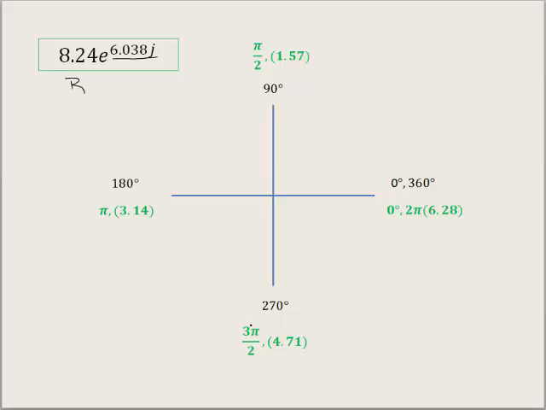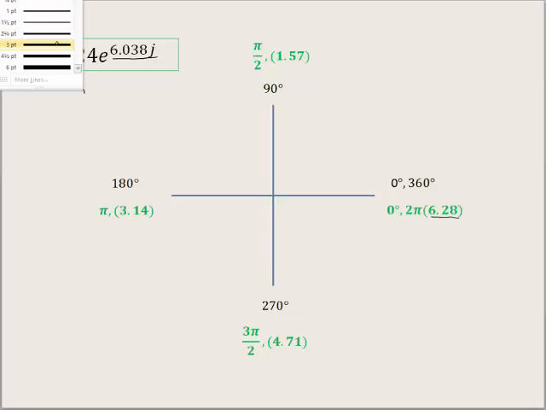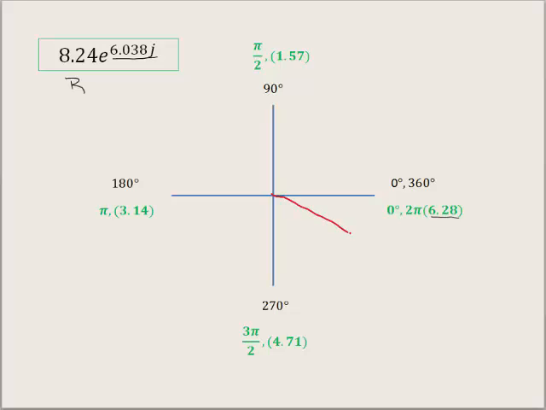I've put this out for you to remind you. Here's the 270 degrees, and here's its radian equivalent. Remember, it has to do with pi, okay? So 3 pi divided by 2 is equal to a decimal of 4.71. And here we are at 2 pi, 6.28. So if we have 6.038, that's going to be over here again where we were.